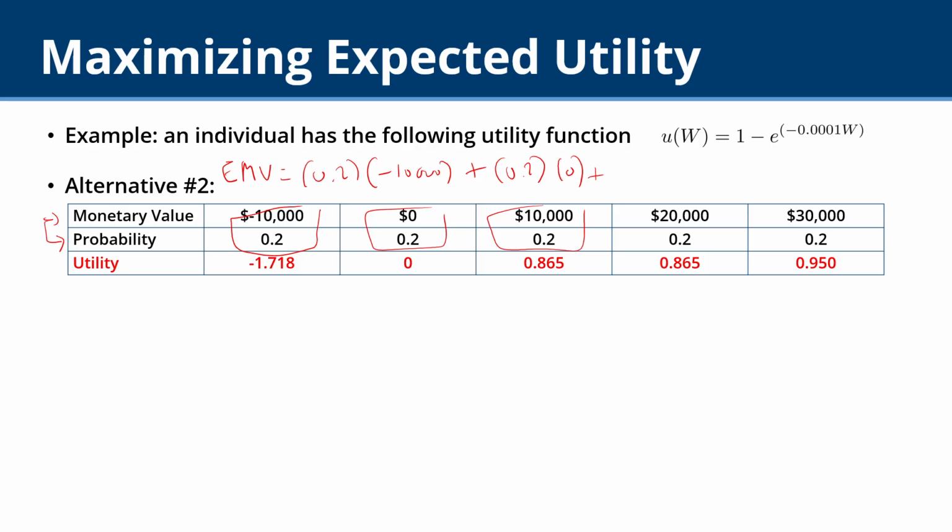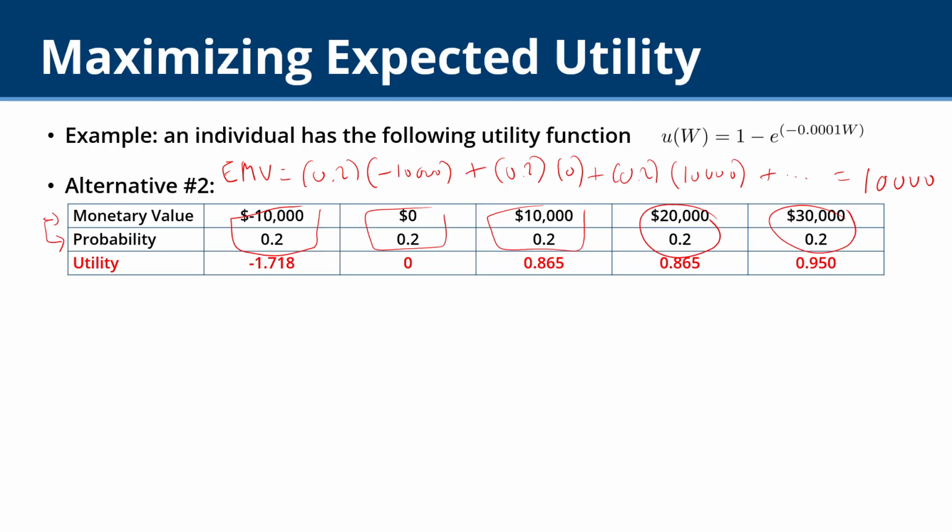So again, 0.2 times 10,000. I'm just going to put dot dot dot here because I don't want to keep writing this out. So next pair will be this, next pair will be this. You put all of this together, you should get 10,000. So the expected monetary value here is 10,000.